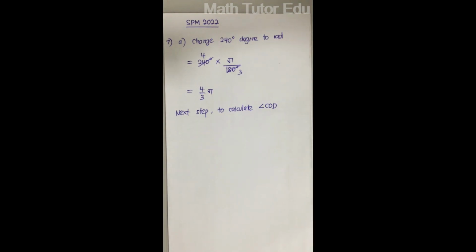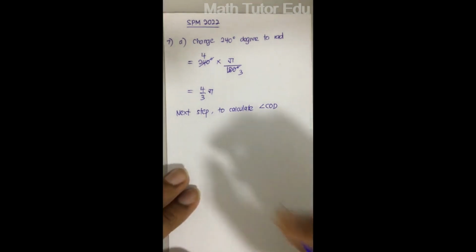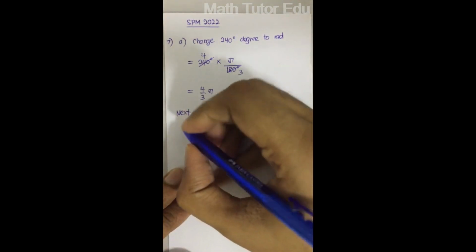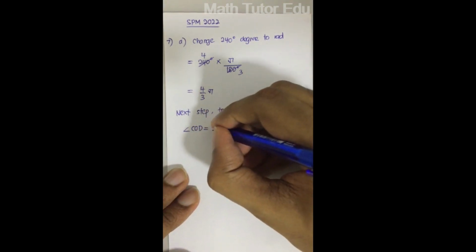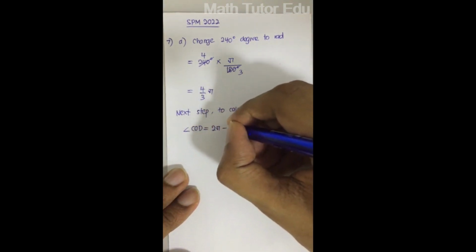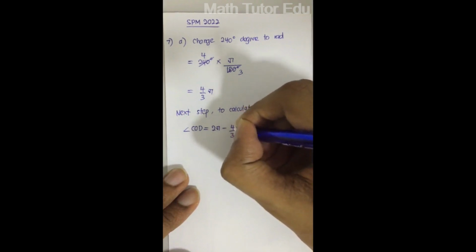So in order for you to find the angle of COD, 2 pi, which is the total interior angle of a circle, minus with the 4 over 3 pi. So that will be our working, guys. So angle COD is equal to 2 pi minus 4 over 3 pi.